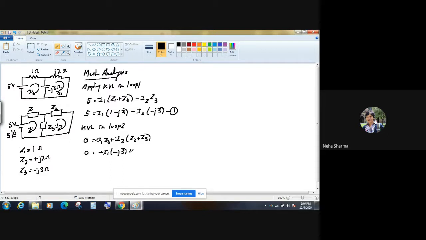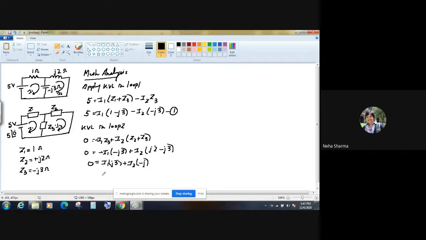plus I2 times (Z2 plus Z3), where Z2 is J2 and Z3 is negative J3. So I get I1 times J3 plus I2 times negative J, and this is equal to 0.